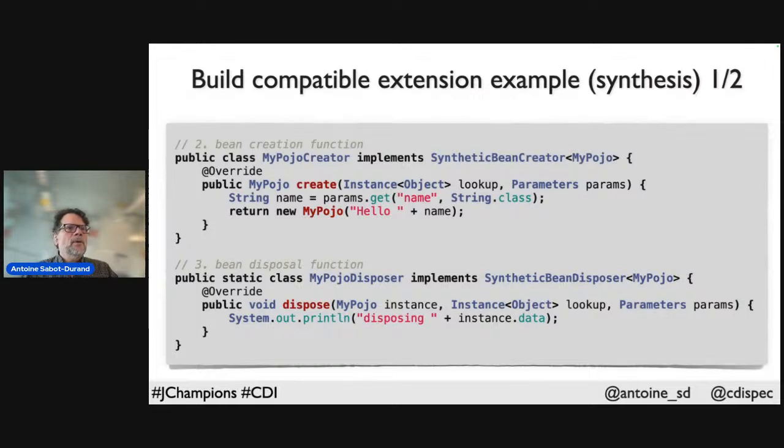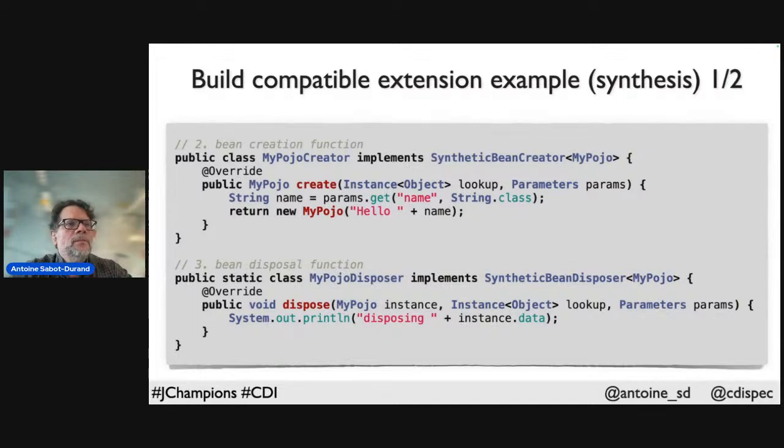Implementing this interface, I have to define the create method. In the create method, I have the parameters used for the creation, and eventually another object to get the instance.